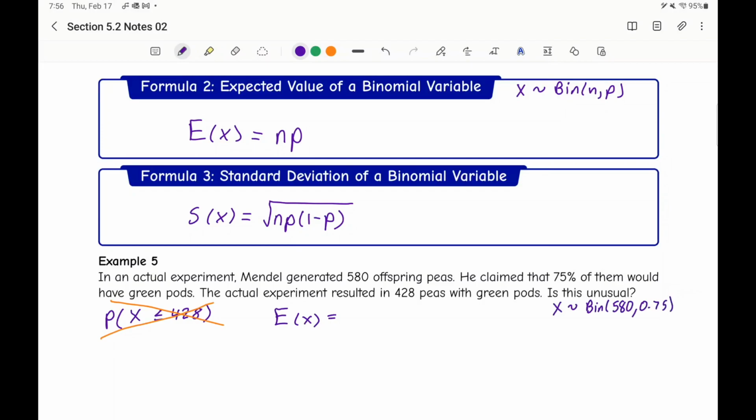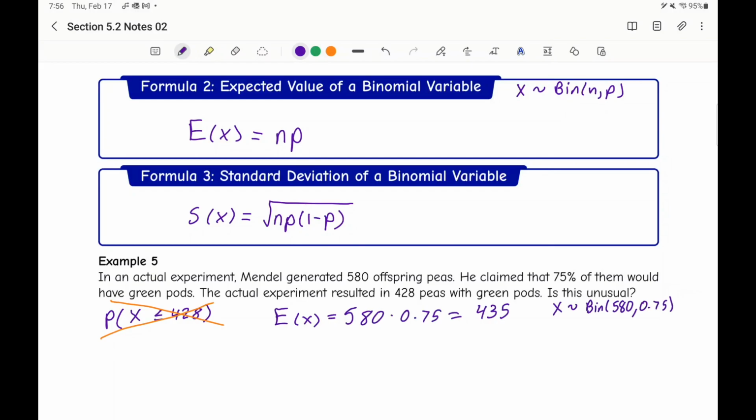So the expected value would just be 580 times 0.75, which is 435. And since 428 is close to 435, I would say that this is not unusual.